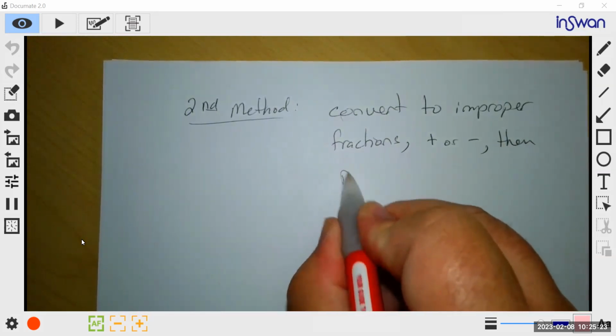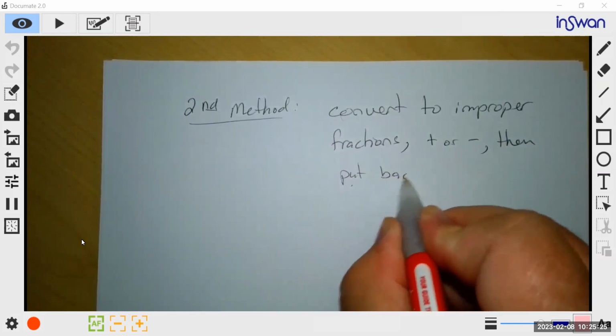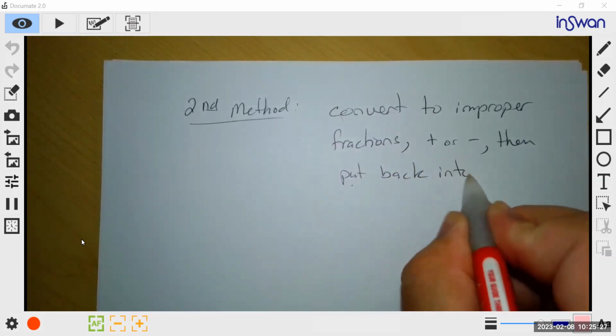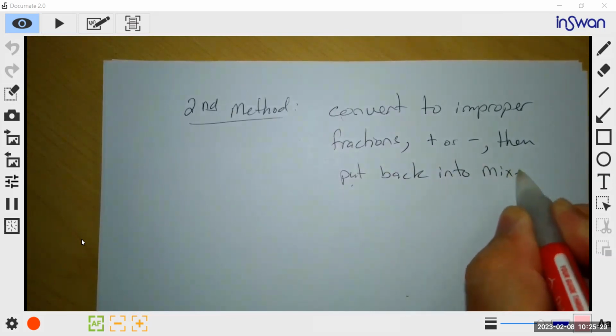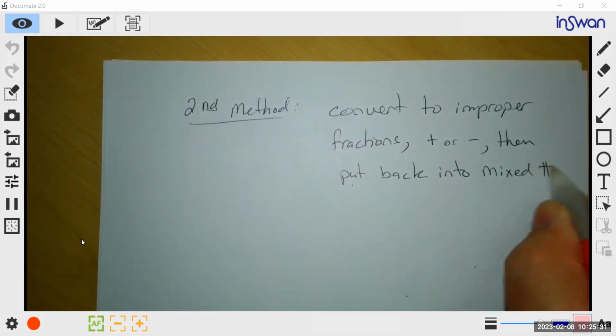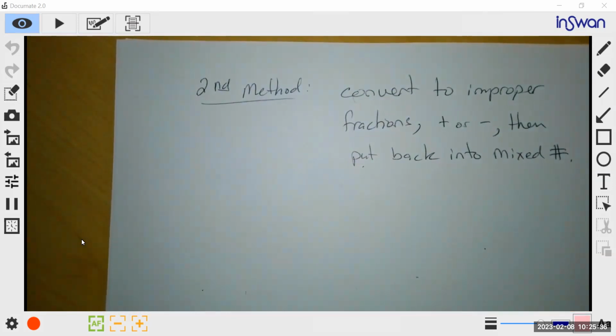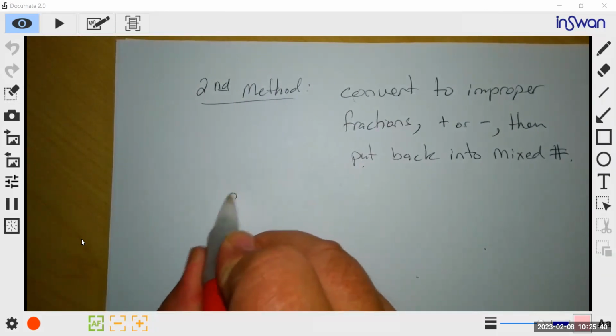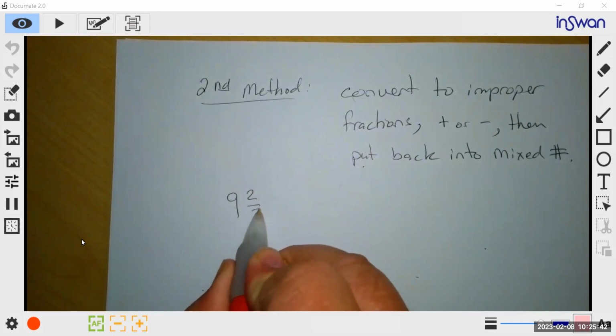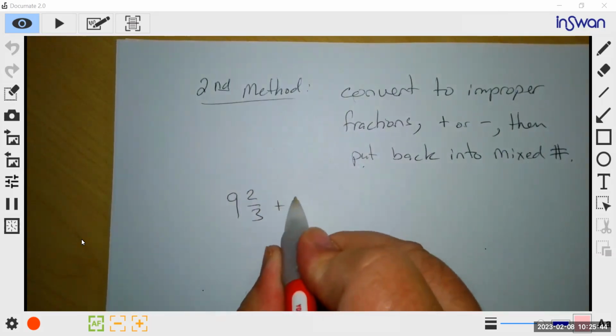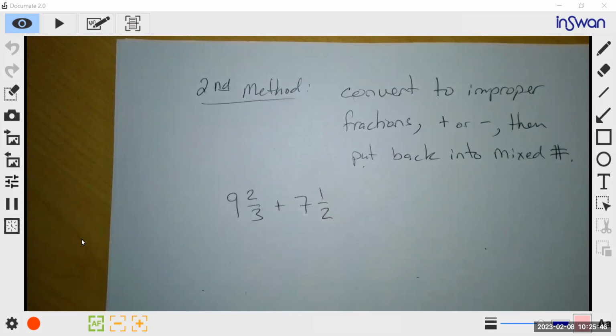Then put back into a mixed number. Nine and 2/3 plus 7 and 1/2.